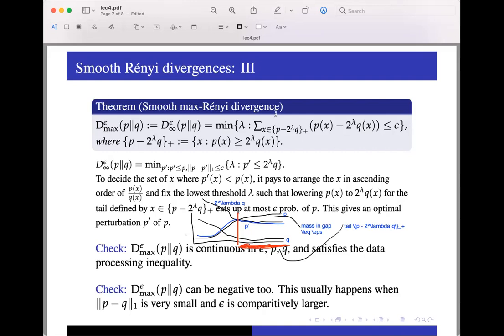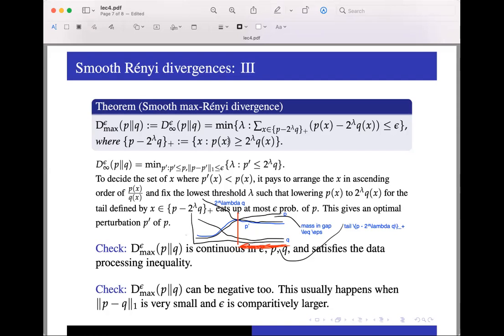So I have to define this notation. Remember, P and Q are probability distributions on the same sample space X. This quantity, curly braces, P minus 2 to the lambda Q, close curly brace with a subscript of plus, denotes the so-called positive set, or more precisely, the set of those symbols x where Px minus 2 to the lambda Qx is greater than or equal to 0.